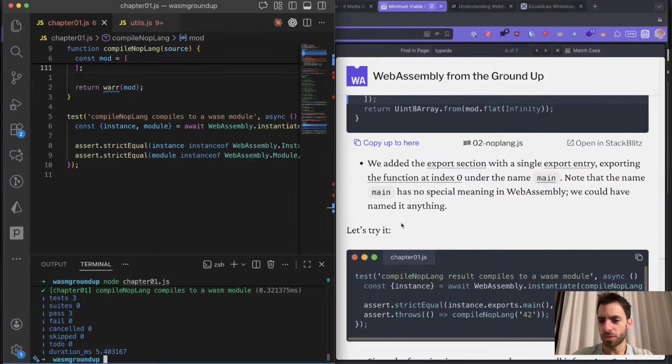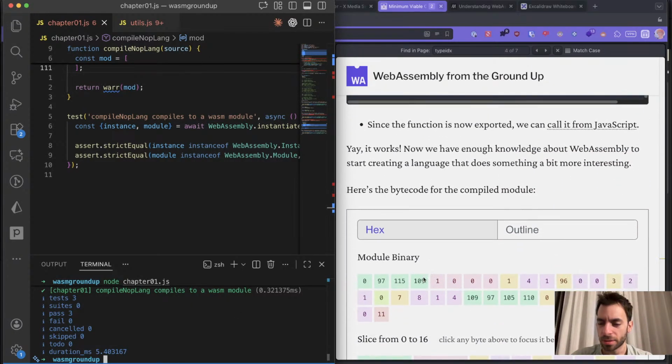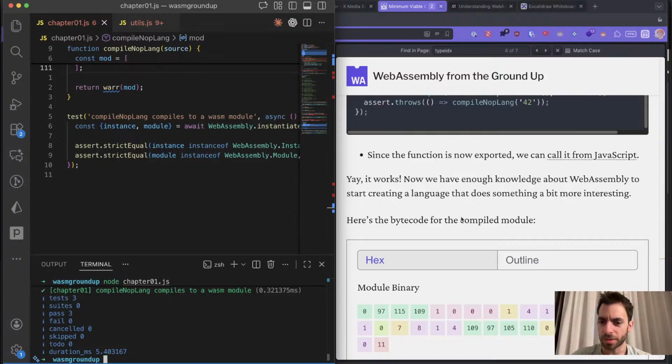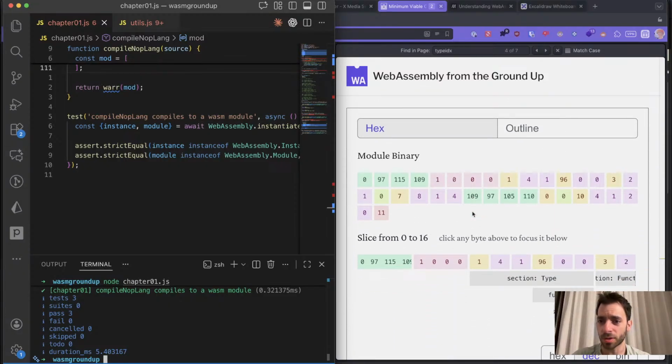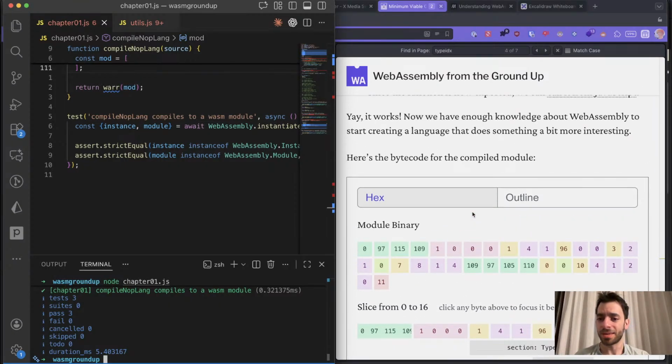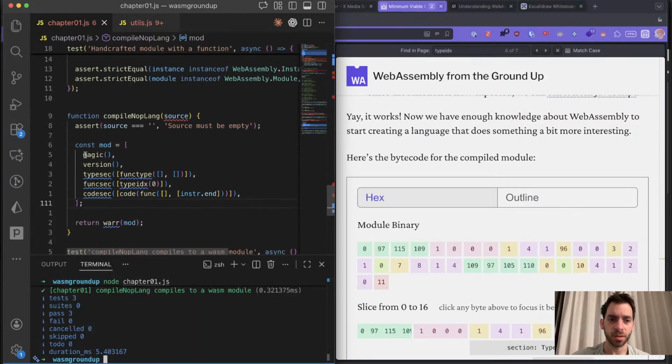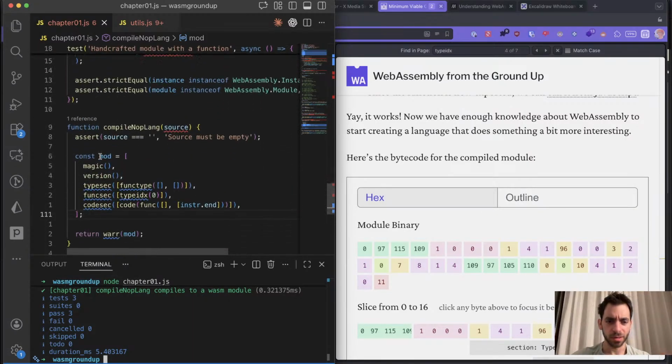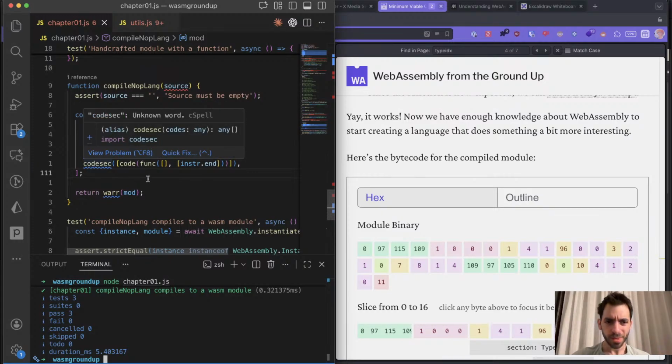Now we're going to come to the next part of the book, which explains the bytecode of what's actually going on. Remember that WebAssembly has different sections, and I love this because it is very clear now.